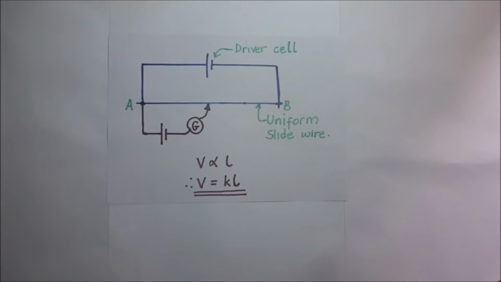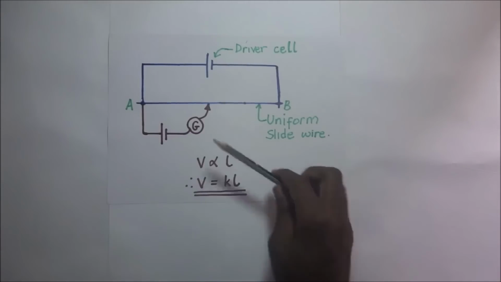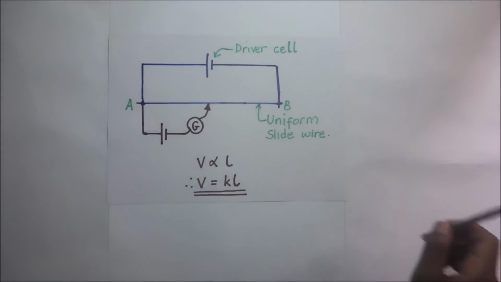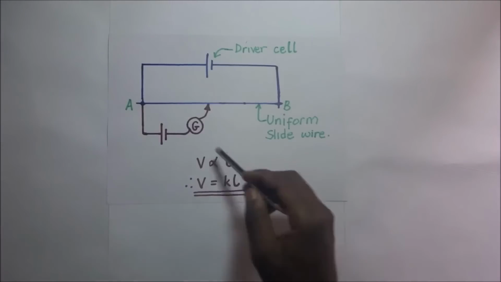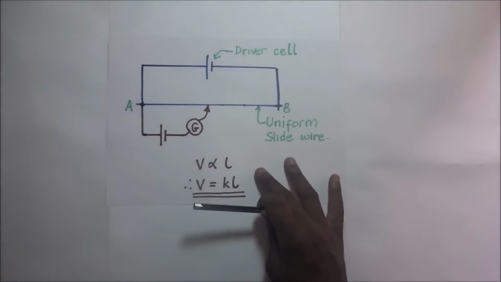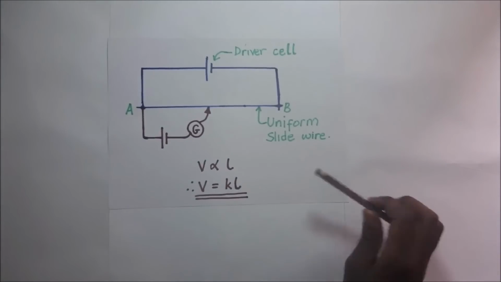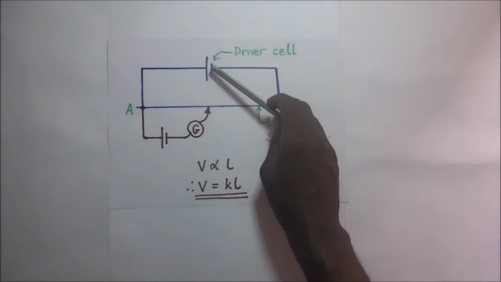So in practice, the unknown potential difference is balanced against the slide wire by placing a jockey along different parts of the slide wire until the galvanometer shows no deflection. In order to obtain a balance point, this unknown PD that we are connecting in the secondary circuit must be connected in opposition to the driver cell.